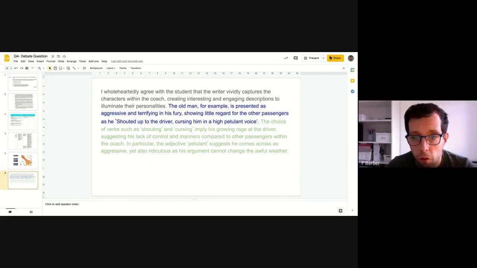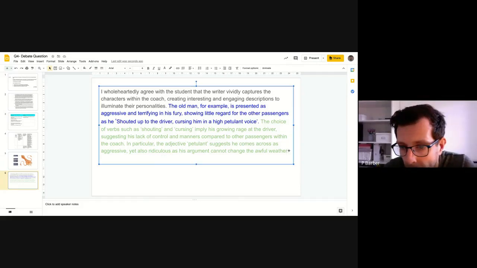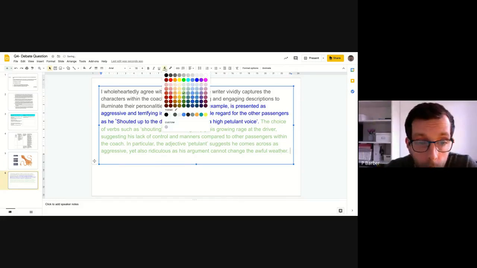The choice of verbs such as shouting and cursing imply his growing rage at the driver, suggesting his lack of control and manners compared to the other passengers within the coach. In particular, the adjective petulant suggests he comes across as aggressive, yet also ridiculous, as his argument cannot change this awful weather.